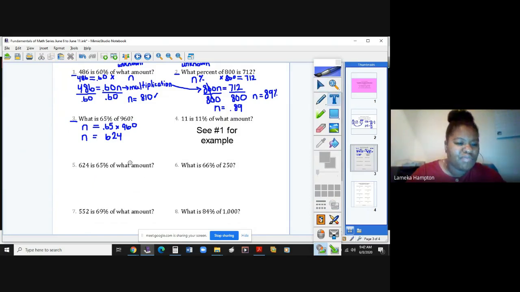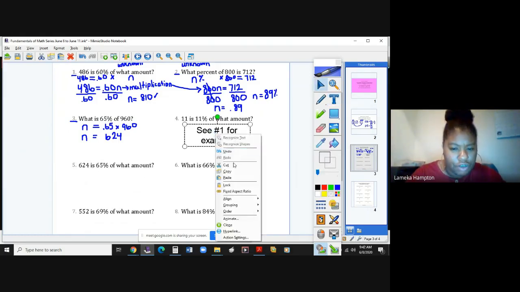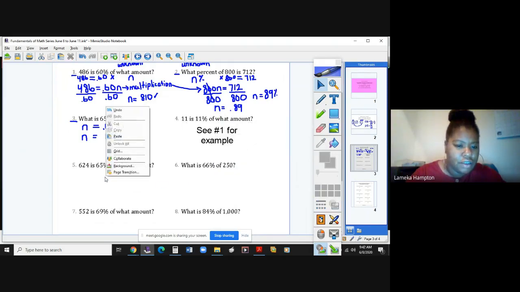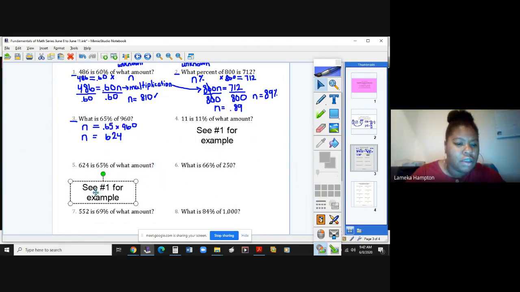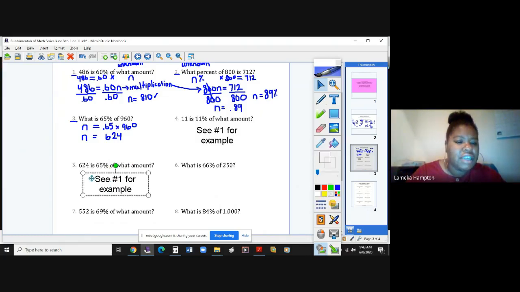For number 5, we have 624 is 65% of what amount? That is also the same as number 1. So I'm going to copy that and paste it here, because numbers 4 and 5 follow the same format as number 1. The only thing that's different is the numbers. This is the reason why you have to pay attention, so that you will know how to solve these problems.